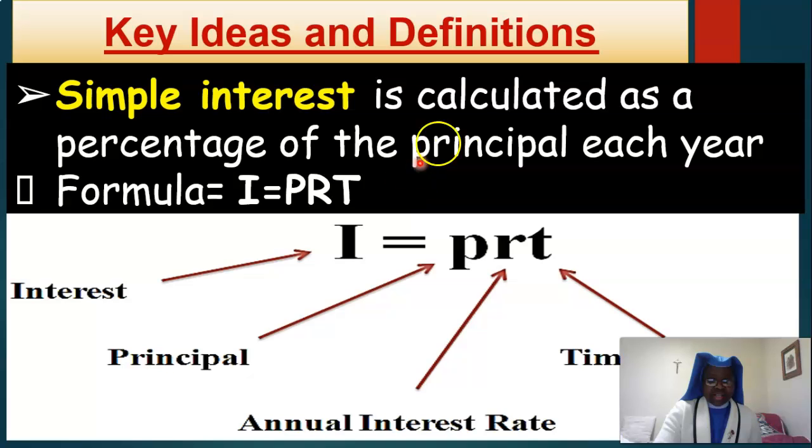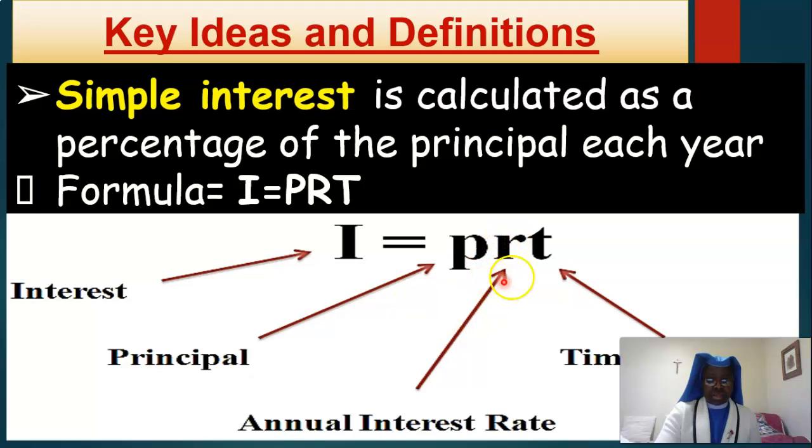Now, simple interest is calculated as a percentage of the principal. Principal is the initial amount you put in. Simple interest is money, an amount. But simple interest rate, R, is the percent of that money, represented per 100. So it's very important to know what each letter represents. I represents the interest amount, which is the principal, the initial amount, times the rate.